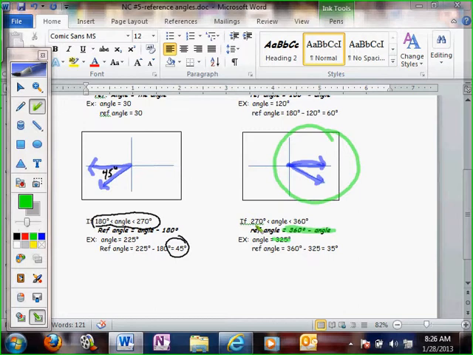Well, that angle is between 270 and 360, so I follow this rule. I take 360 degrees and I subtract the angle. So that's going to be 360 minus 325, which gives me 35 degrees. This is my reference angle, 35 degrees. And that's hopefully very easy, but that's how you find reference angles.